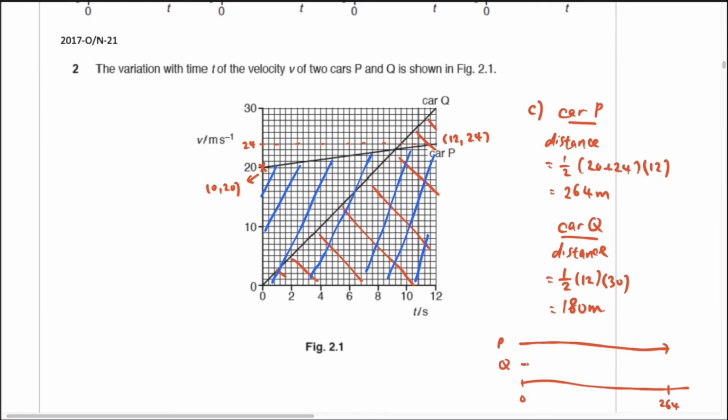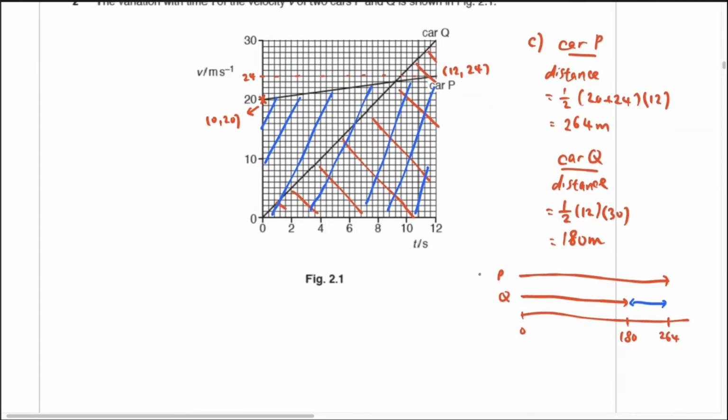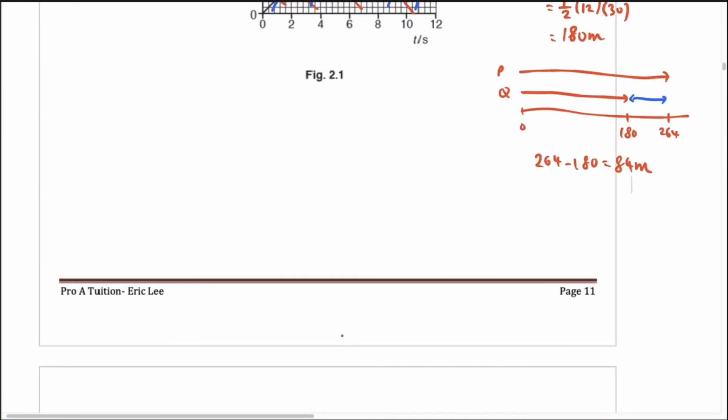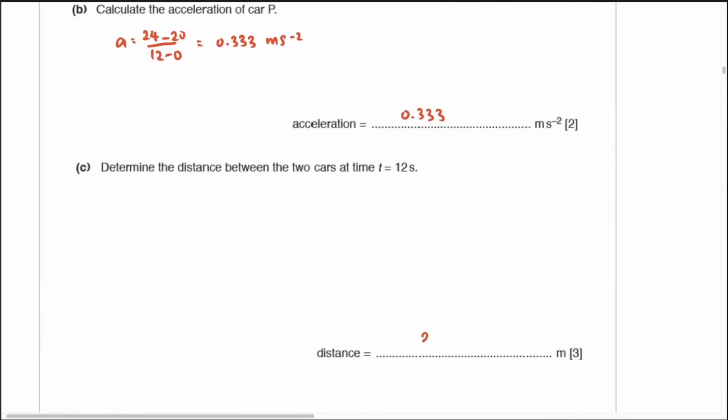Car Q moves 180. And what they ask is the distance between the two cars. So we do 264 minus 180, and then you get 84. So that's the answer for part C, 84 meters. Okay. Paper 2, we need to think more. Okay, 84 meters.